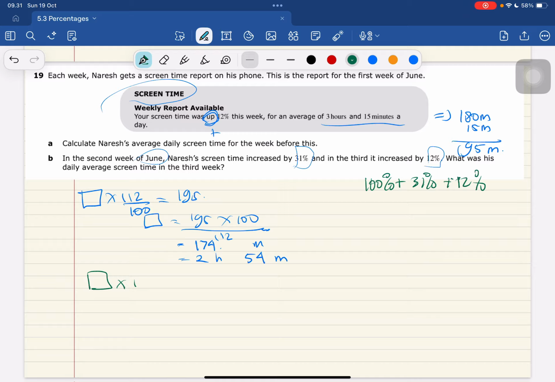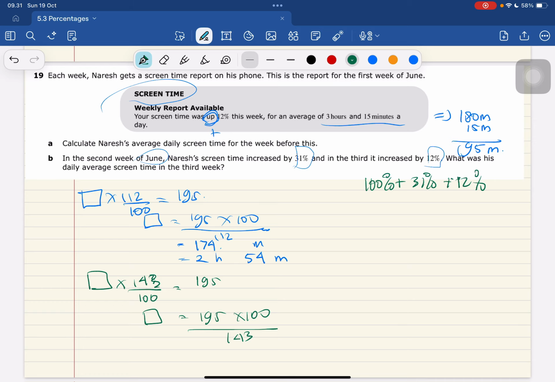So it's going to be 143% over 100. The first week's hour is 195. So to find the answer, it is 195 times 100, then we divide by 143, isn't it? In the second week of June, okay, this is the first week.